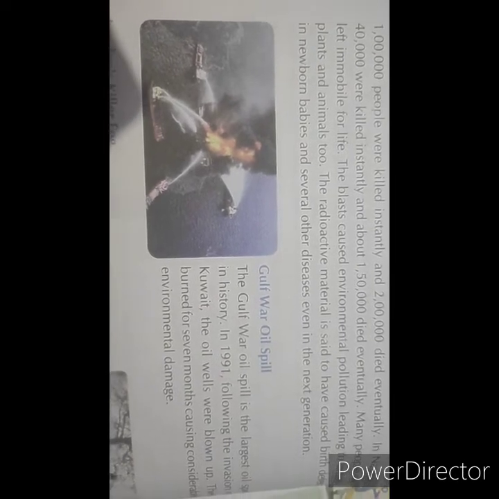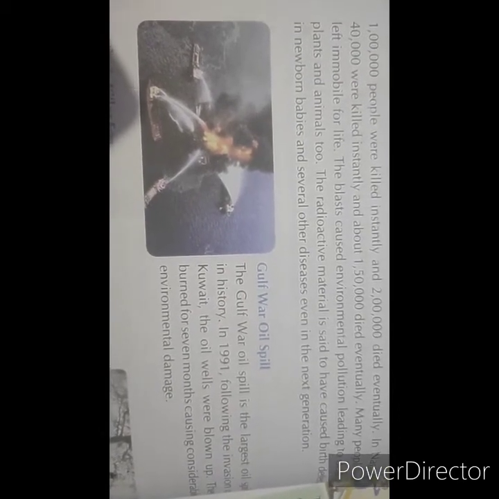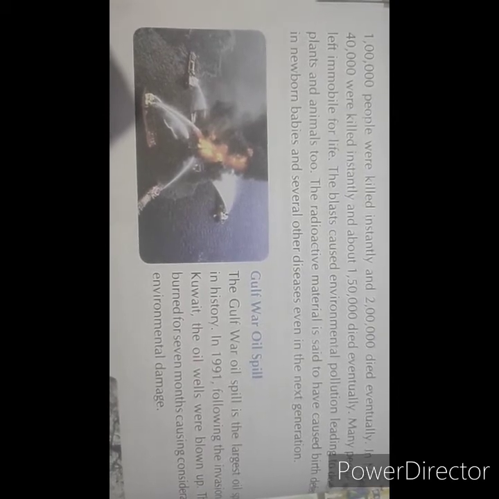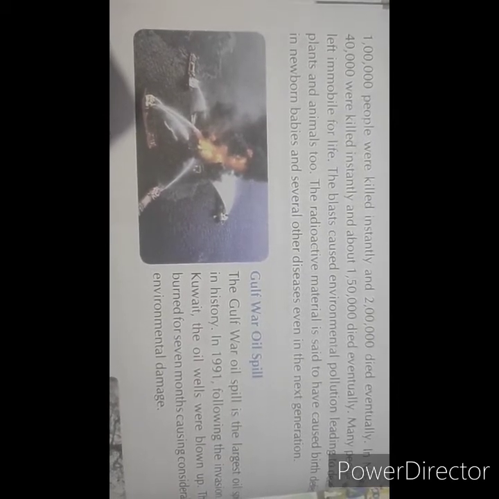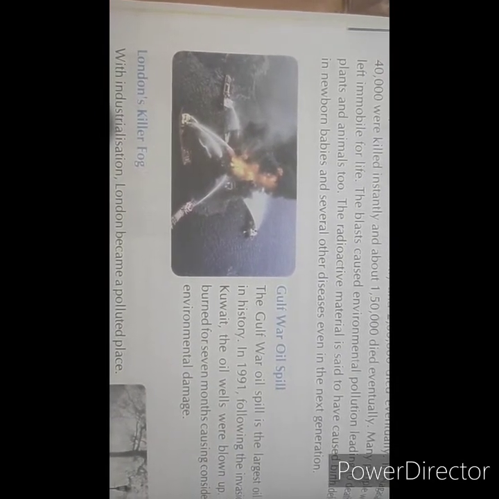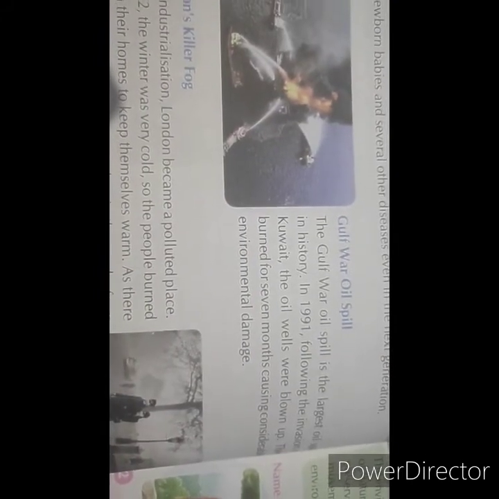The blast caused environmental pollution leading to the death of plants and animals too. The radioactive material is said to have caused birth defects in newborn babies and several other diseases even in the next generation. Now next is Gulf War oil spill.